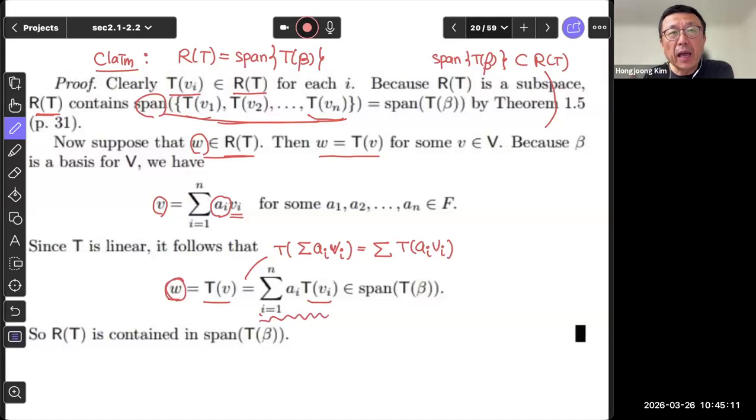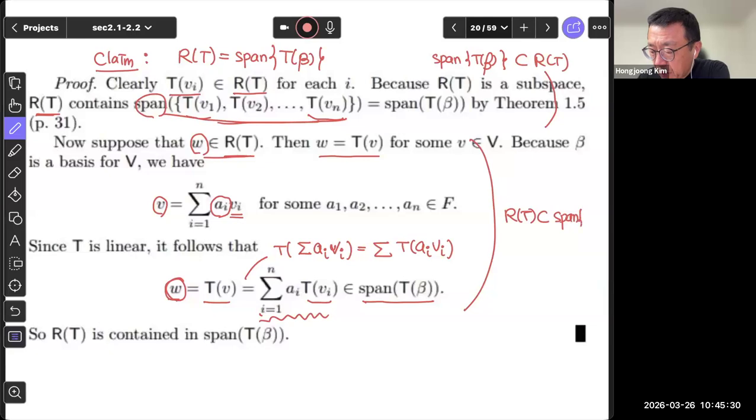In other words, any vector in the range is included in the span of T of beta. So this portion shows that the range is contained in the span of T of beta.